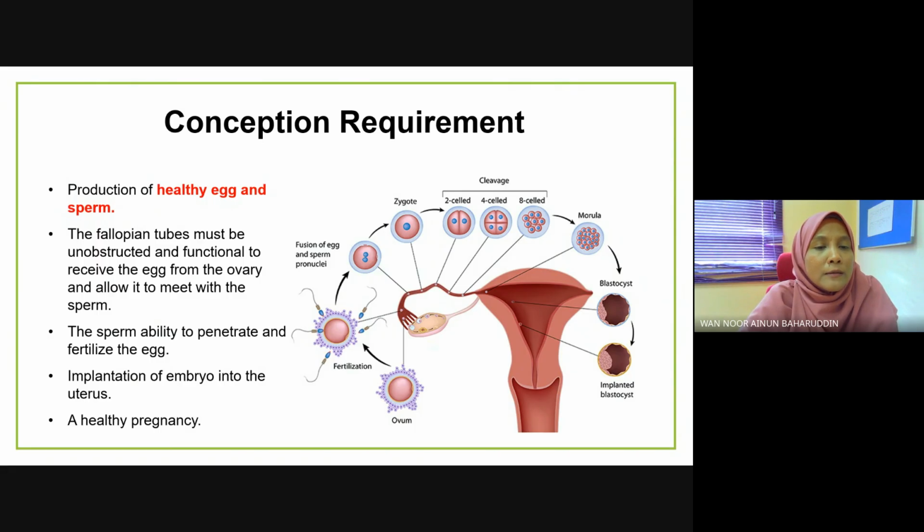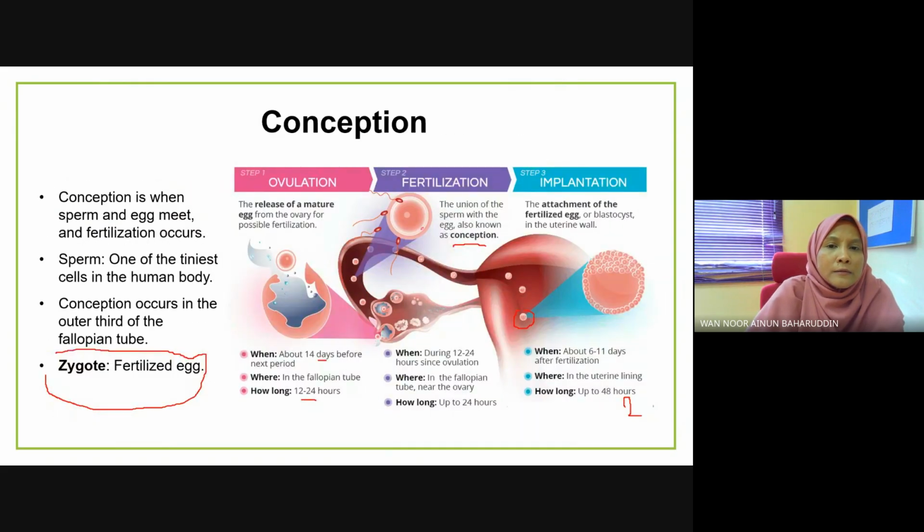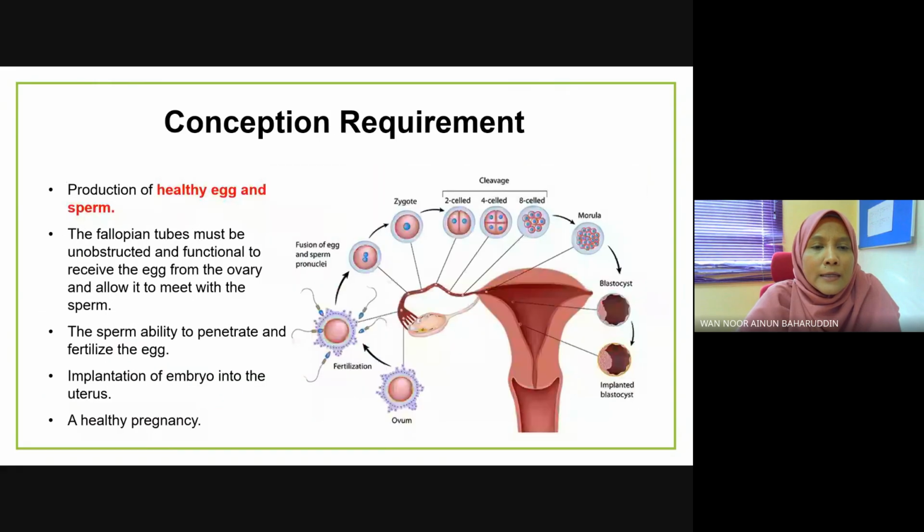Next requirement is the sperm's ability to penetrate and fertilize the egg itself, and also the implantation, the attachment of the embryo to the uterus, and a healthy pregnancy is one of the requirements for conception.